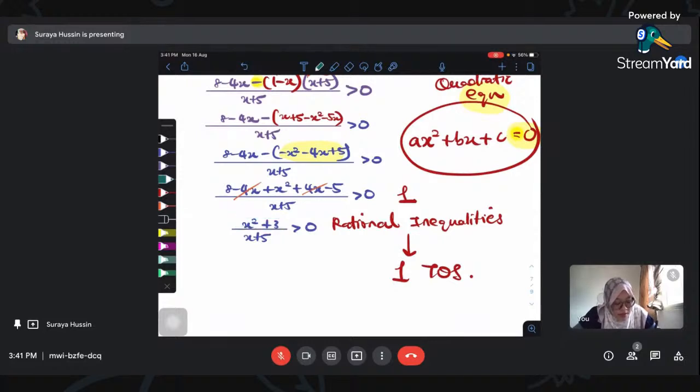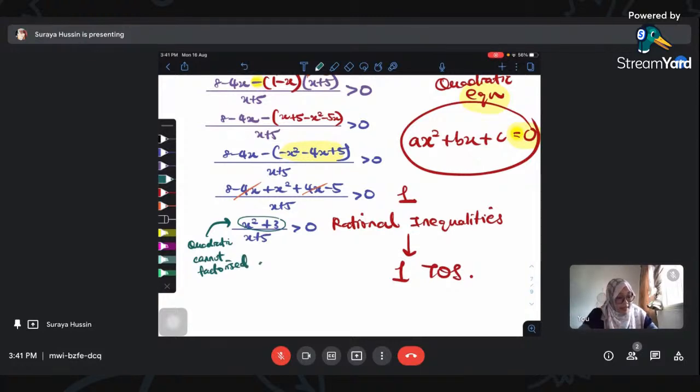Mesti kamu pelik, miss. This is quadratic, miss. Quadratic ni boleh factorize ke? Quadratic cannot factorize lah, miss. Yes, exactly. It can't be factorized.